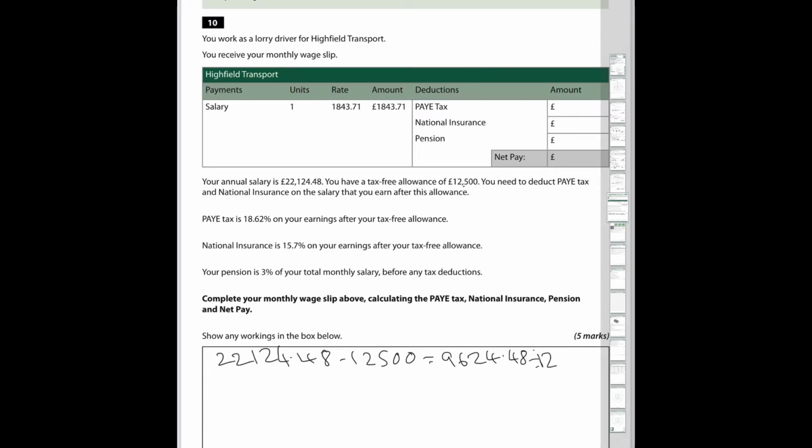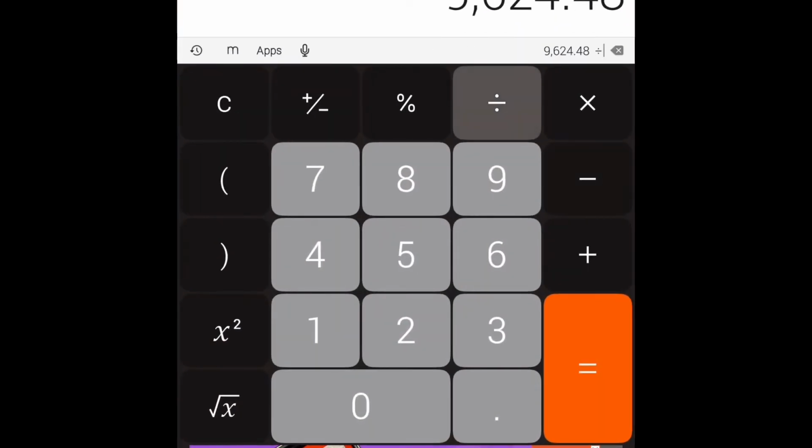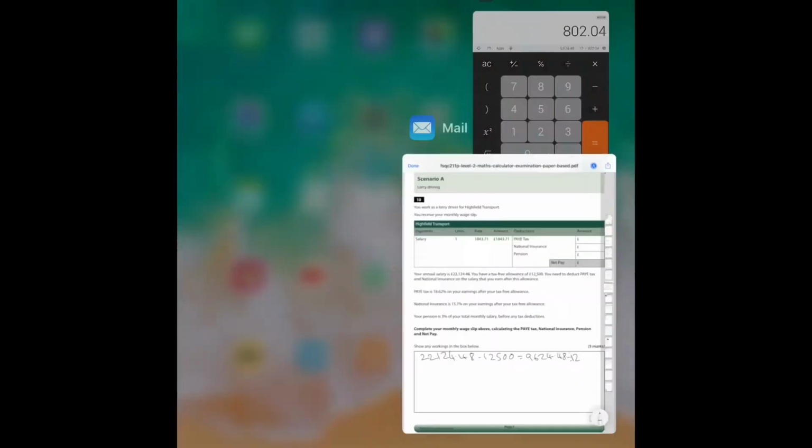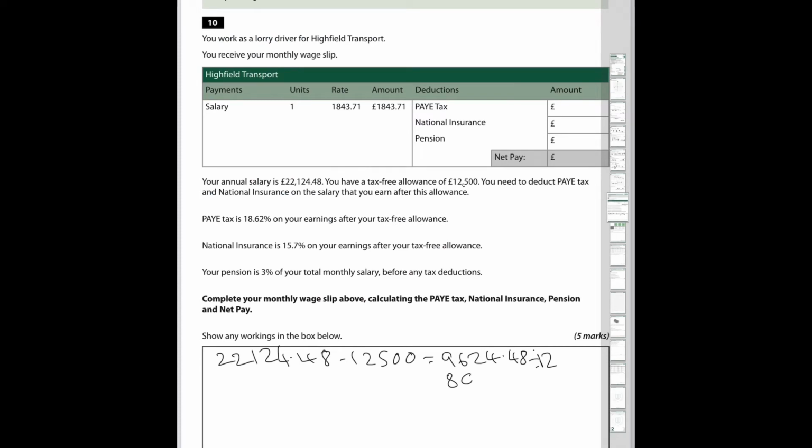We then need to divide that by 12 because that's an annual salary and we want the monthly amount for the wage slip. So we divide this by 12 to get monthly, which is 802.04. Okay, so that's the monthly figure after the allowance.